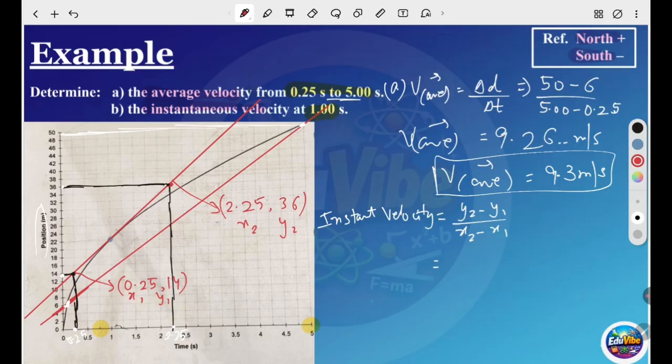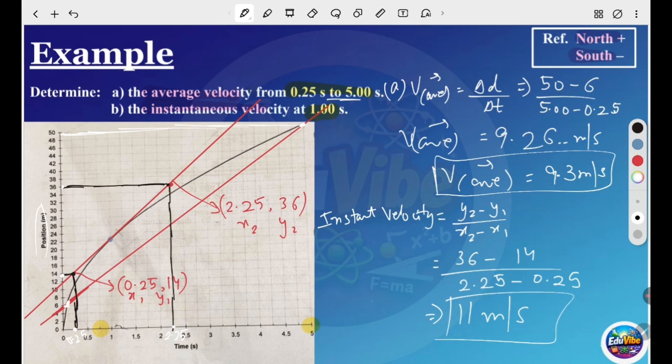So over there you write y2 is 36 minus 14 upon 2.25 minus 0.25. To get the instantaneous velocity, we get 11 meter per second. So this is your answer for instantaneous velocity, and this is for the average velocity. That's the way you have to deal with these types of sums with graphs.